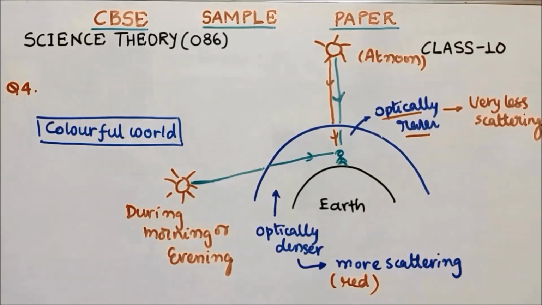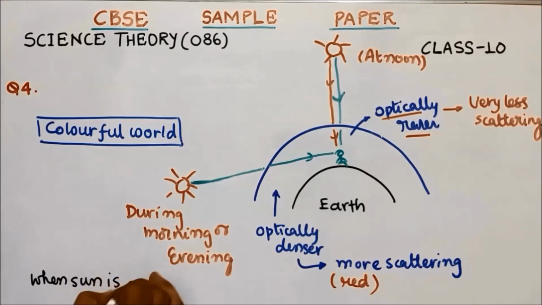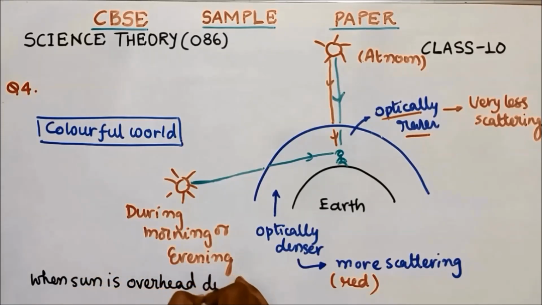You need not explain all this, since the question is for just 1 mark. So the answer you have to write here is, I'll write it with the black pen. The sun is overhead during noon.